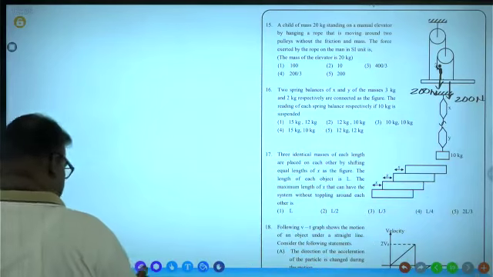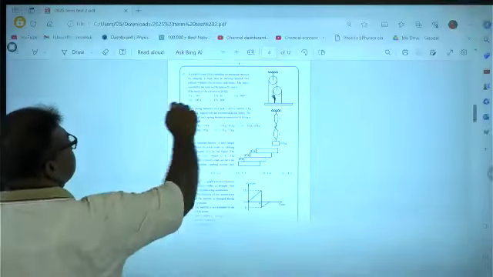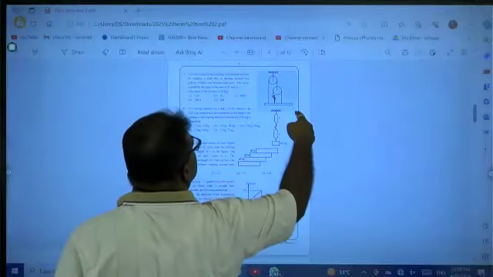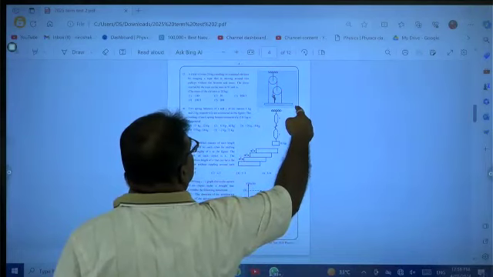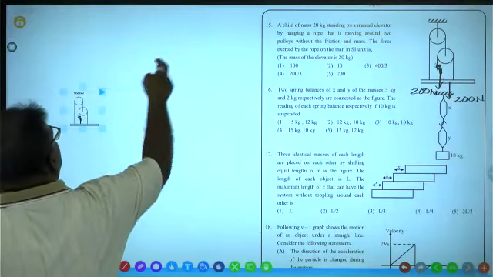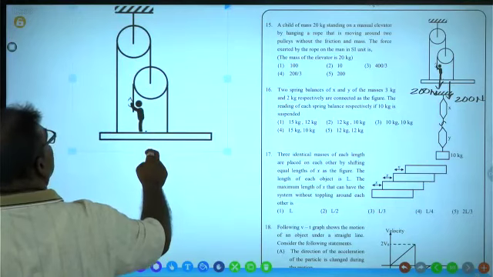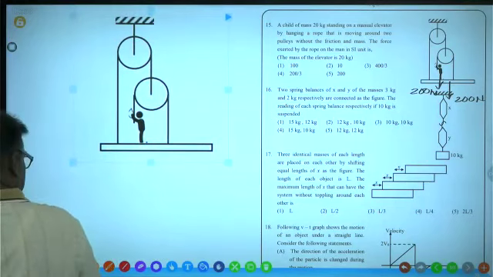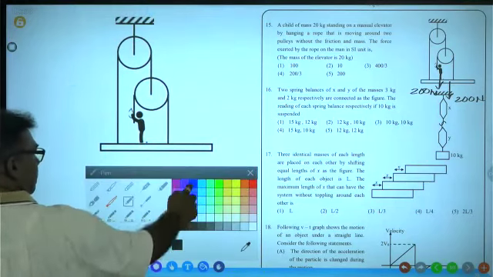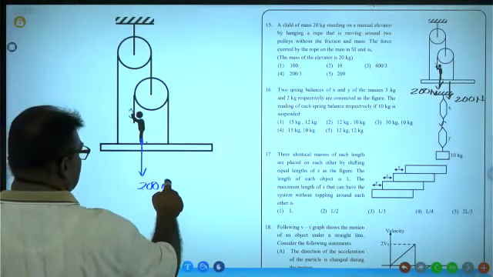Okay. Then, is it like this? This one has 200 Newton.